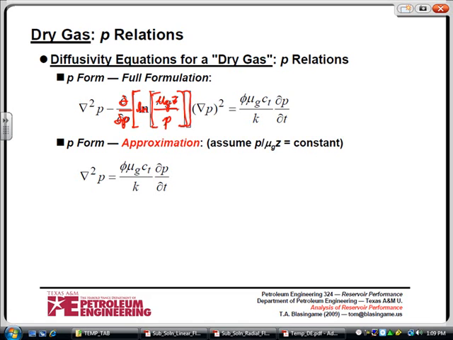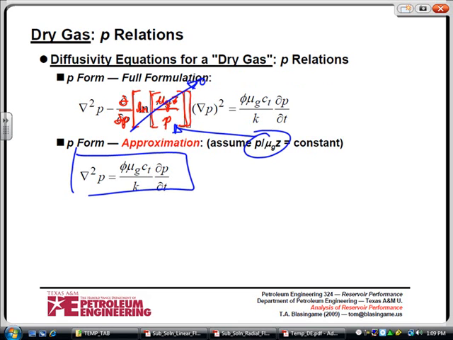Yes. Yeah, Wally told me he had some. Okay. So what's that going to be equal to? If we assume that P over mu z is constant, put it in there. It doesn't matter what we're taking the derivative with respect to. It goes to 0, and we're left with this.